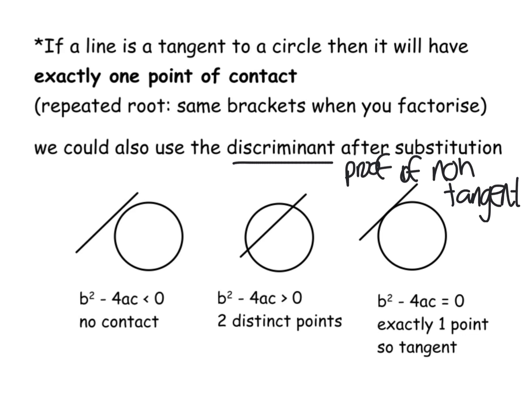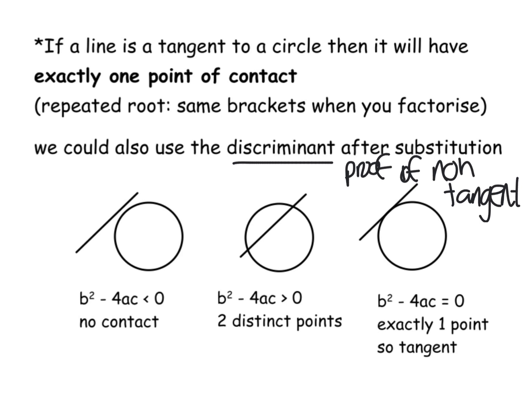So we like the method where we do y equal to y again, but we'll go for substitution in this case. We're going to come out with hopefully a repeated bracket which shows it's a tangent, and then that gives us our x value to get the point of contact. But if it's asking you to prove it's not a tangent, we're going to do the discriminant, because you'll get to something that doesn't factorise anyway.